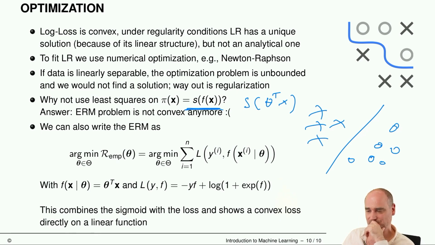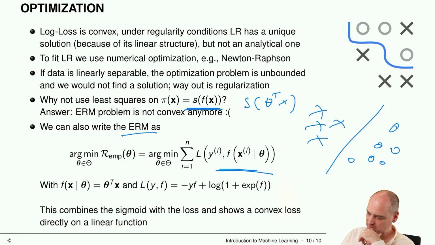Maybe a final comment before we stop here. What we can also do is write down our empirical risk minimization problem, as I've done before, but instead of writing it in terms of pi, I can directly write it in terms of f, so in terms of our linear score. Before, there was always this direct squashing going on with the sigmoidal function.